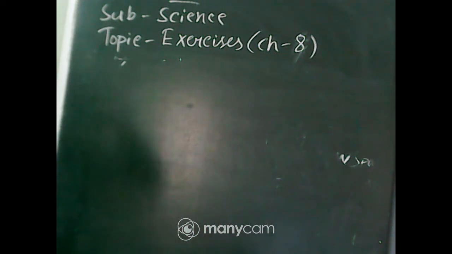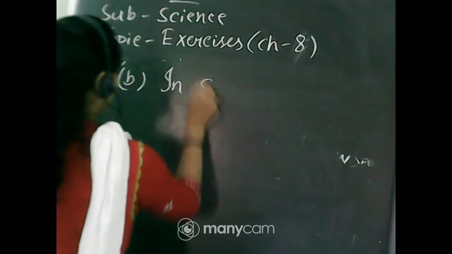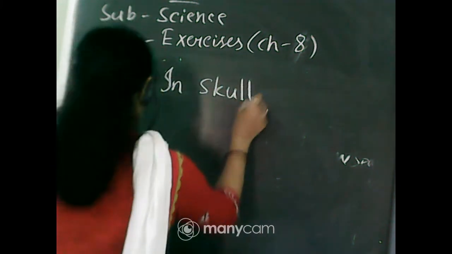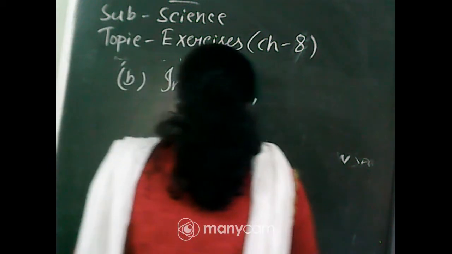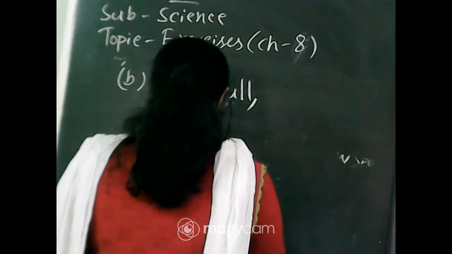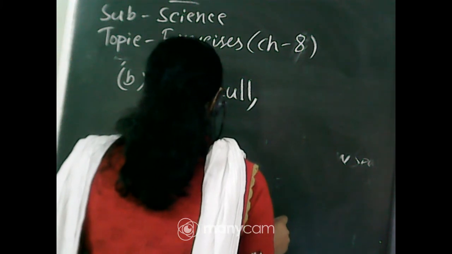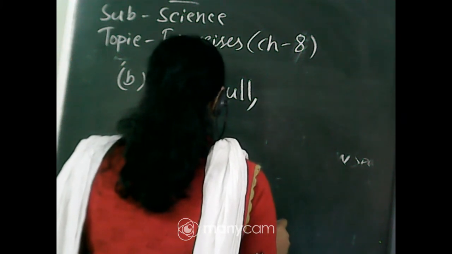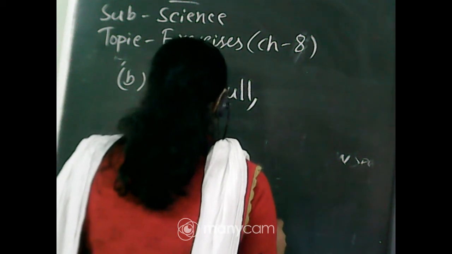You can write the answer. In skull, only which jaw is movable? Upper jaw or lower jaw? You know the upper jaw is immovable, so the answer will be lower jaw.